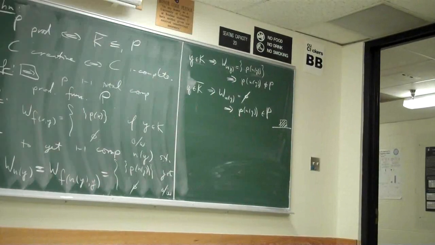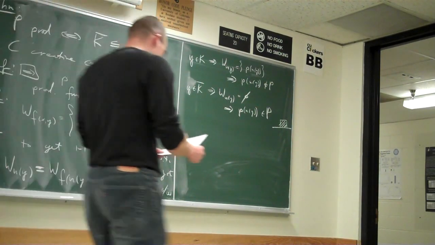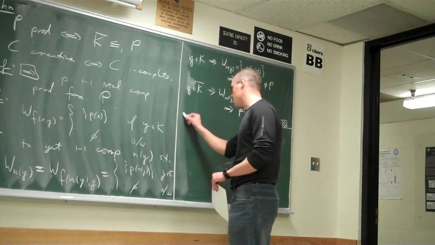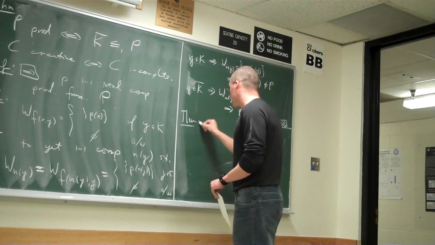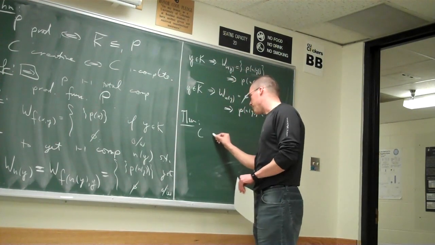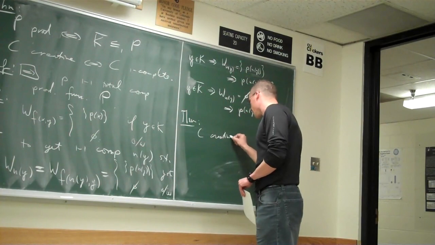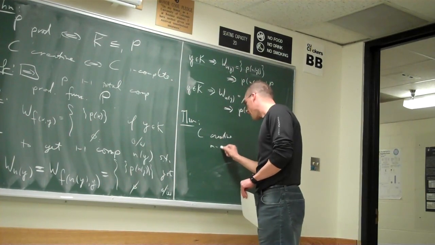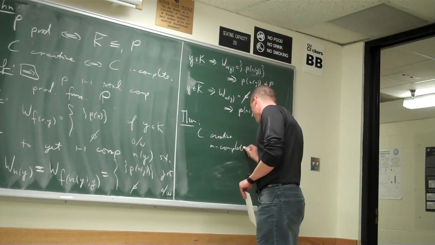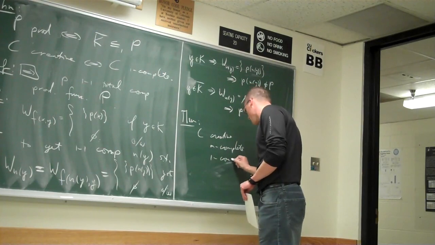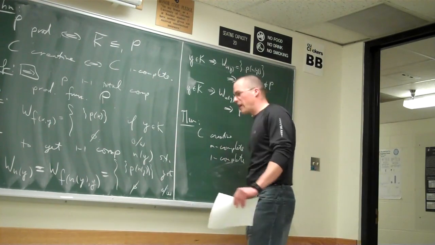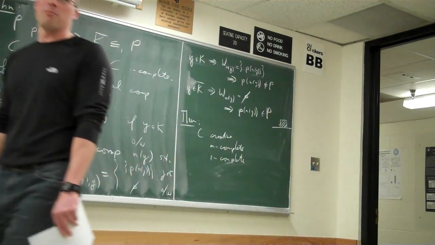That's that. And so what does that give us? Indeed, that creativeness and 1-completeness is the same, and I guess it's really the case that this shows that creative, m-complete, and 1-complete are all the same.